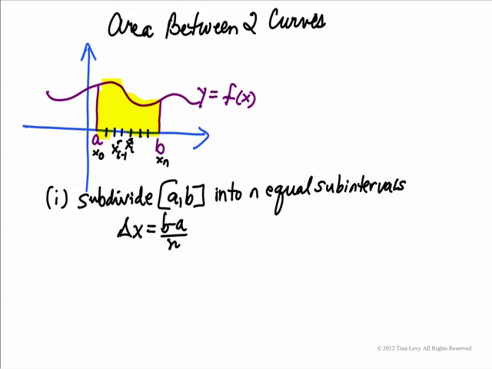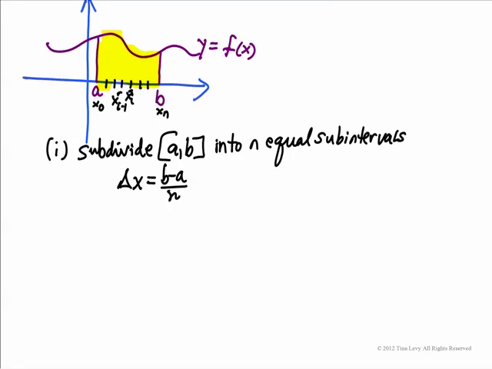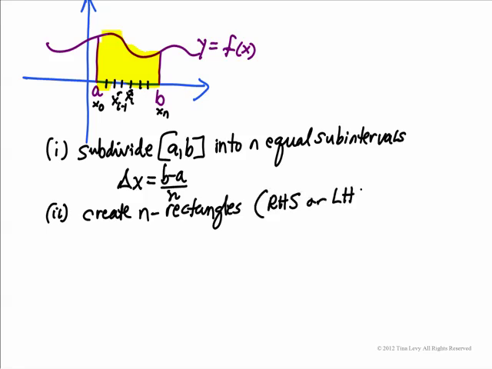After doing this, the whole purpose was to create n rectangles. To do these, we would have what's called either a right-hand sum or a left-hand sum.